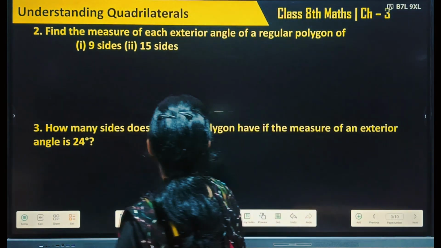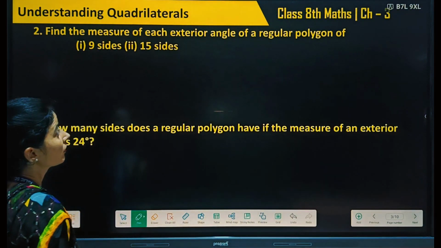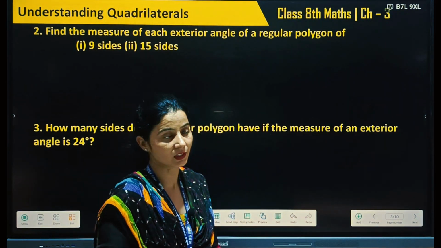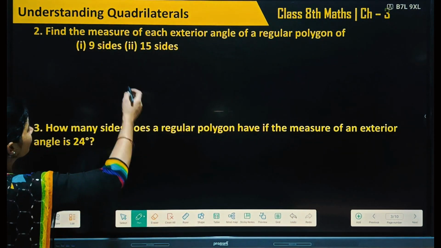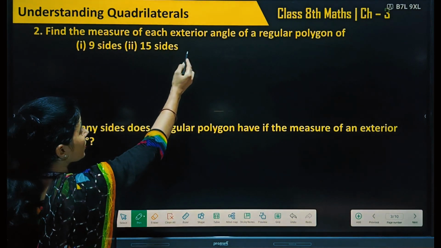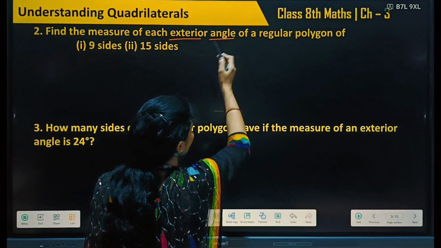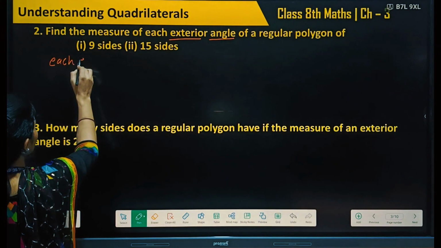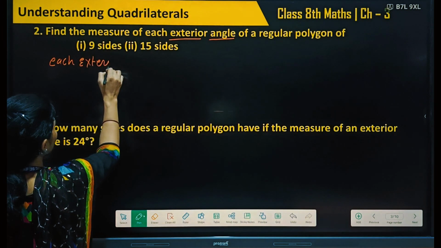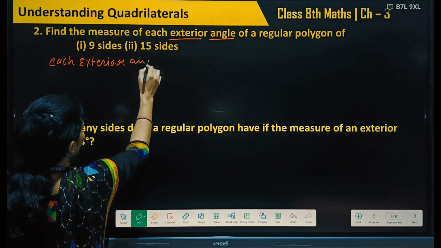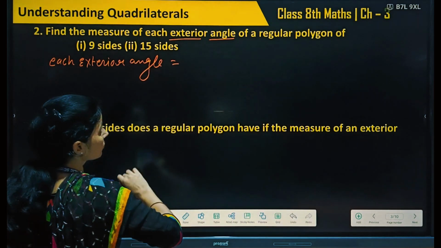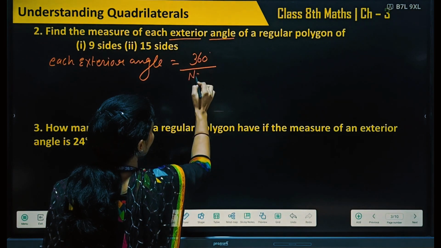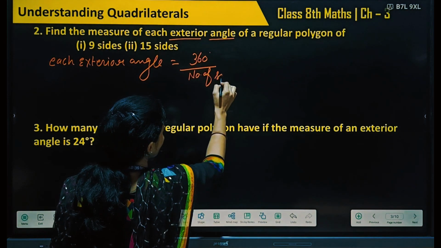Find the measure of each exterior angle of a regular polygon of side 9 and sides 15. Now see how we can do this question. Find the measure of each exterior angle. Each exterior angle equals to, we know, 360 degree upon number of sides.